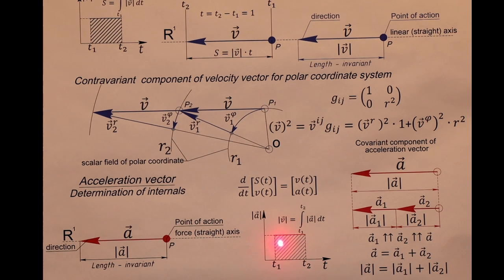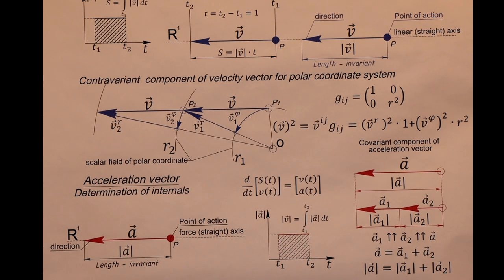The square is equal to the invariant of velocity. Always remember that the difference between t1 and t2 is equal to t equal 1.